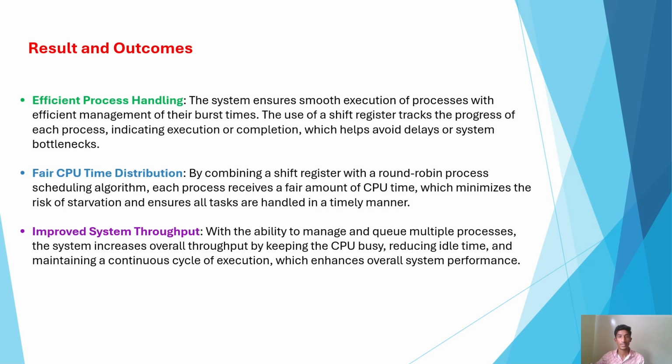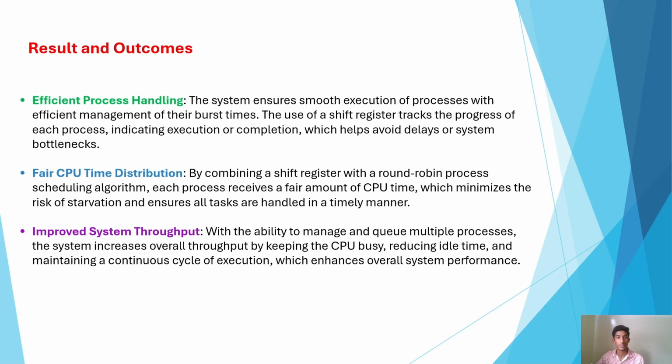The use of a shift register tracks the progress of each process, indicating execution or completion, which helps avoid delays or system bottlenecks. Fair CPU time distribution: by combining a shift register with a round-robin process scheduling algorithm, each process receives a fair amount of CPU time, which minimizes the risk of starvation and ensures all tasks are handled in a timely manner.